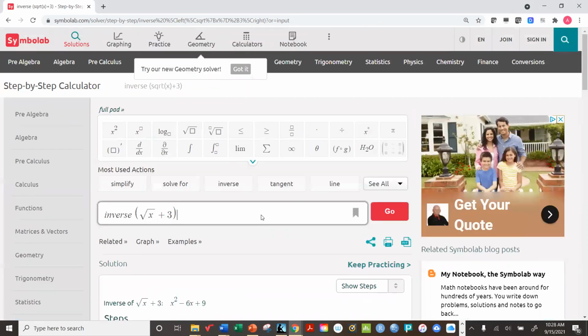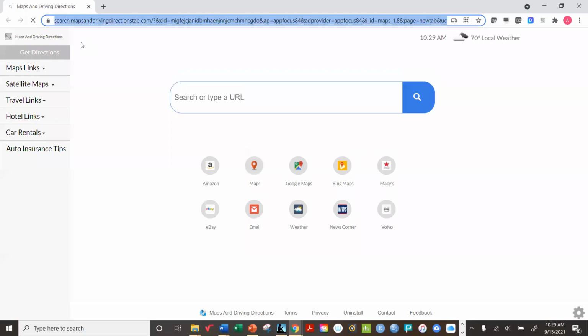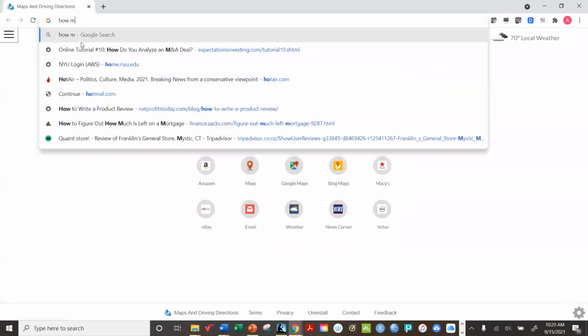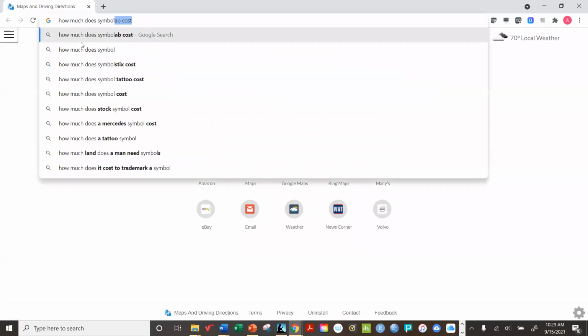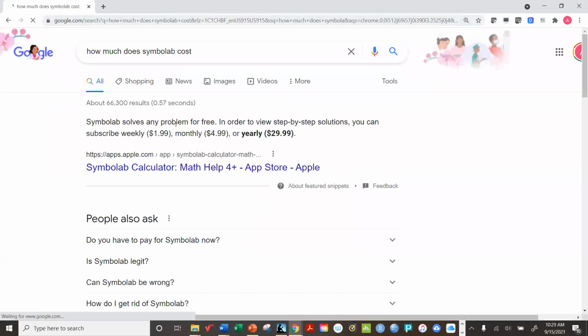I wonder how much it actually costs to open this thing up and really have everything. I'm going to check it out right now. Oh, for God's sakes, $30 a year. Well, I'm not suggesting that you pay that. Although if you wanted to, according to this, you could pay $4.99 a month. I use this all the time.